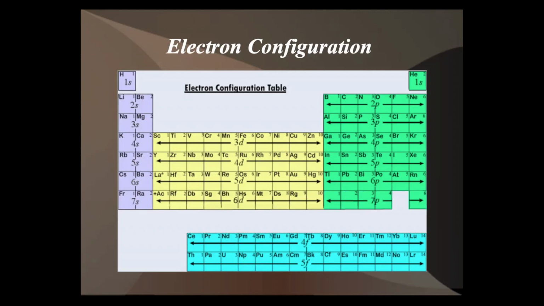So 4s fills up first, then 3d fills up next. We have 5 orbitals, and 5 orbitals hold 10 because there are 2 electrons in each orbital. So 3d10. What's after 3d10? You might guess f, but we don't have the f just yet. What comes after that is actually 4p.